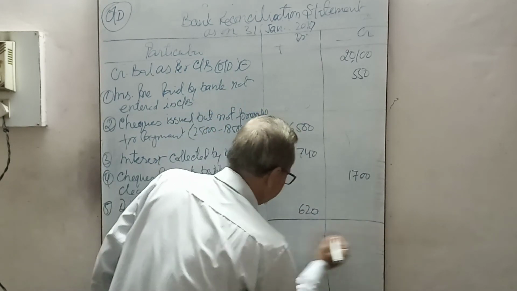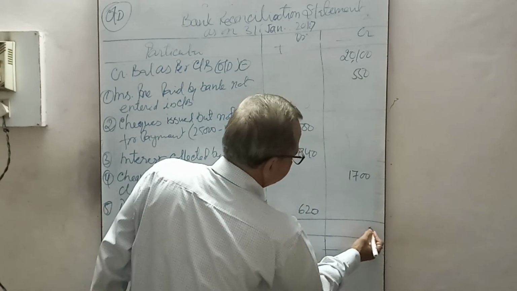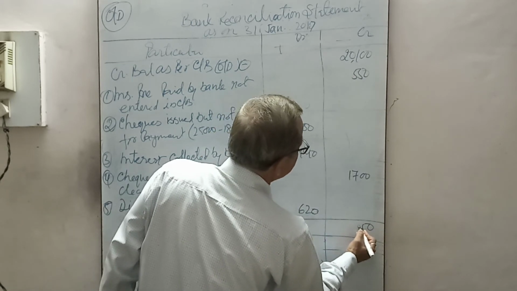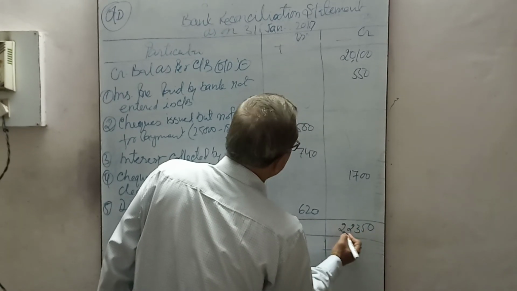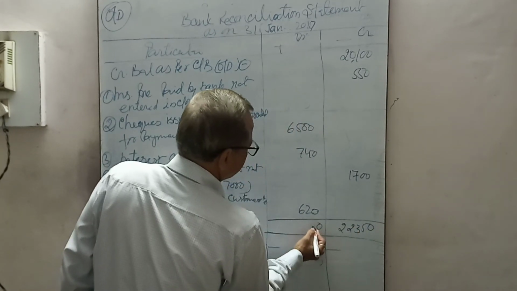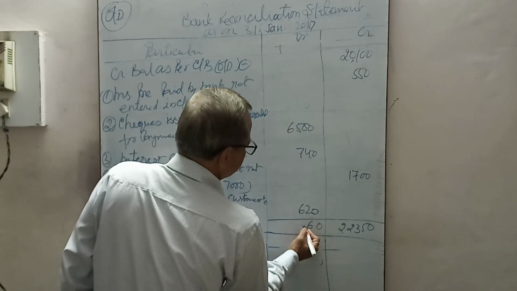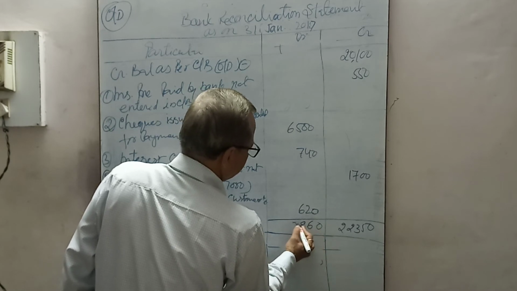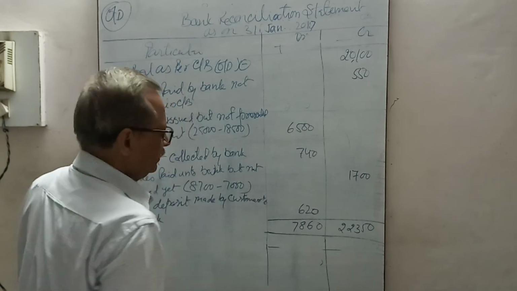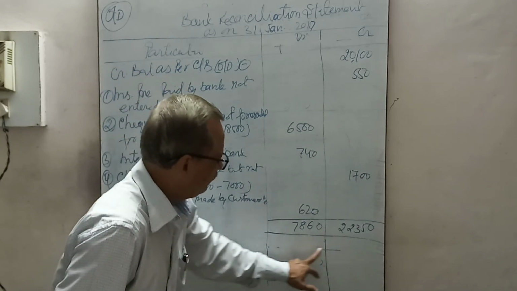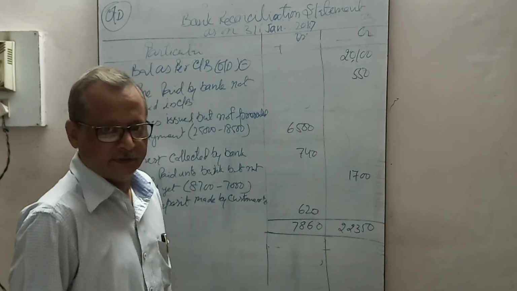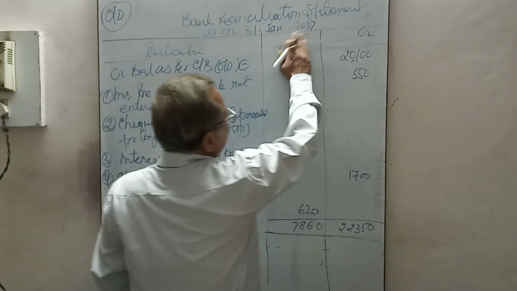Now total both sides. This side, the balance side, is more than this one. Now we will write on this side. It does not mean debit and credit.